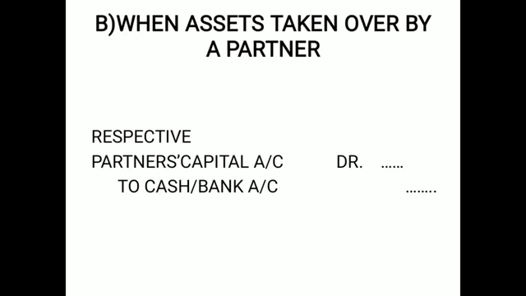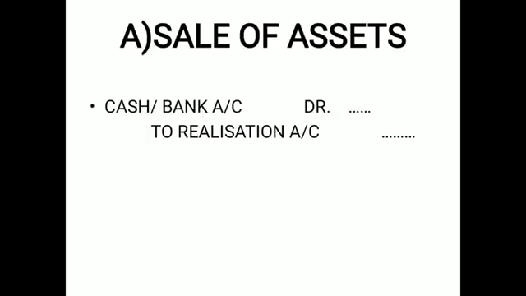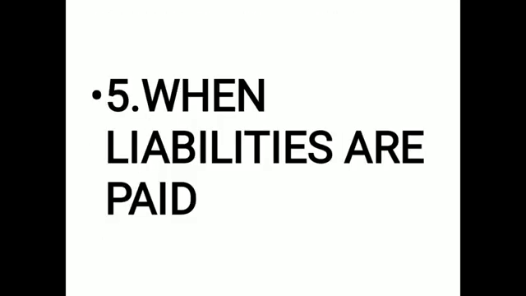So all I'm trying to say is, if you will learn one topic, you just have to reverse all this in the second topic. So what is the journal entry when the liability payment is accepted by a partner? Realization account debit to respective partner's capital account. Simple?